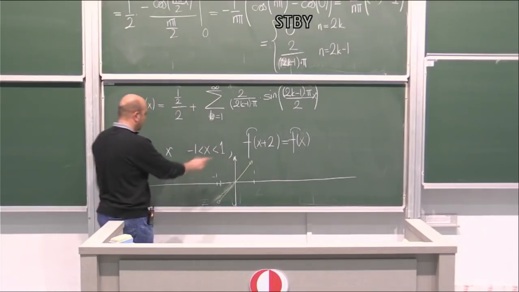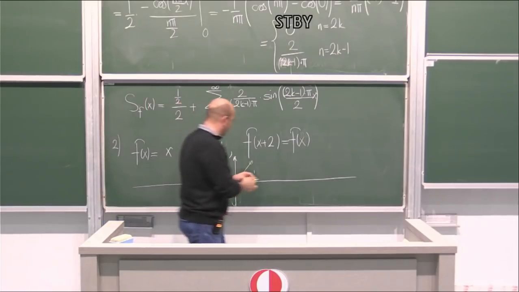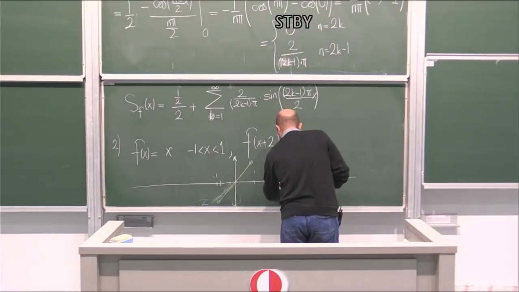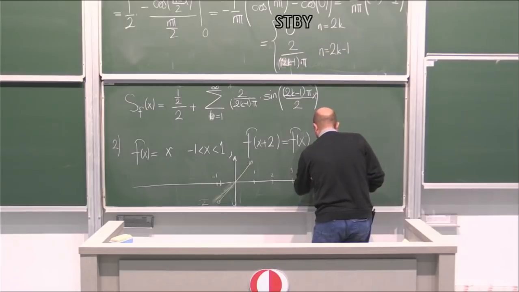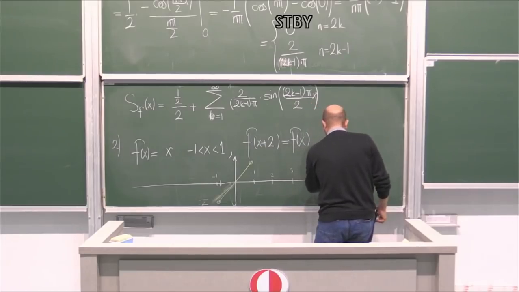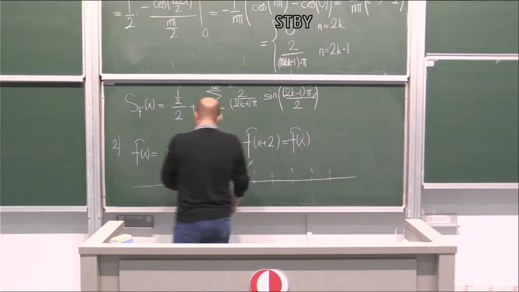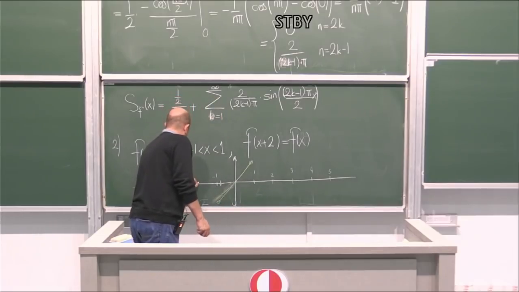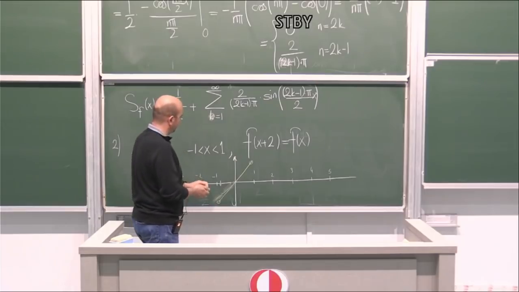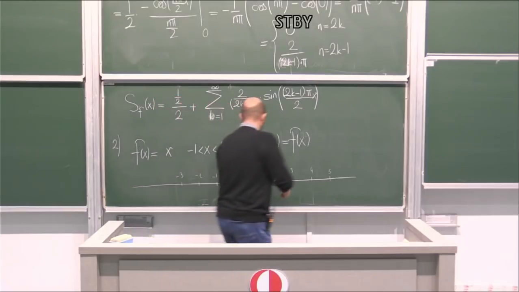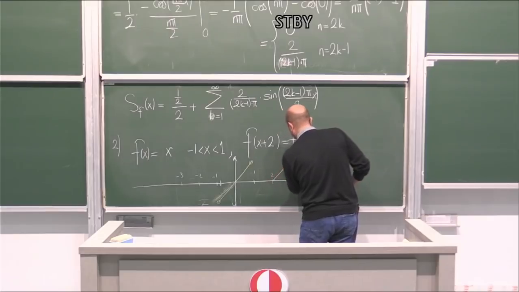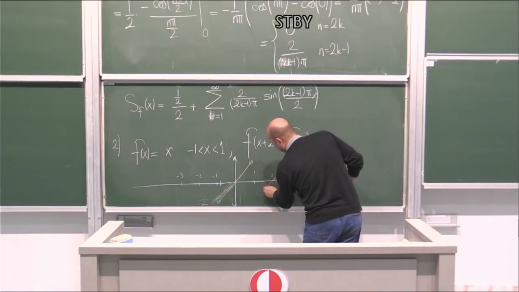And then, now copy and paste it to the other intervals. So we have 2, 3, 4, 5, -2, -3, vice versa. So copy and paste. So what we get is this.